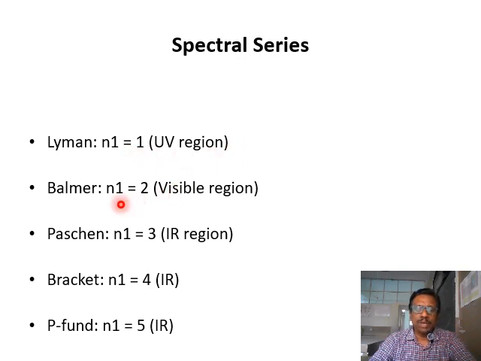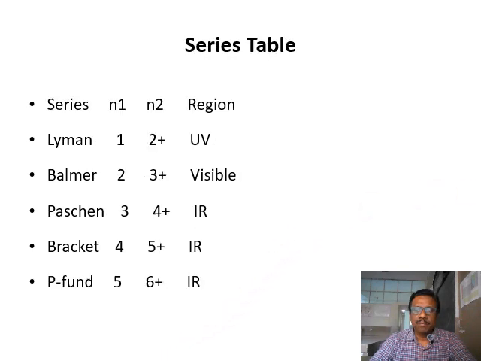The Balmer series is observed when n1 is equal to 2, in the visible region. The Paschen series, when n1 is equal to 3, is observed in the IR region. The Brackett series, n1 is equal to 4, is observed in the IR region. And the Pfund series, n1 is equal to 5, is observed in the IR region. Let us study these in detail.